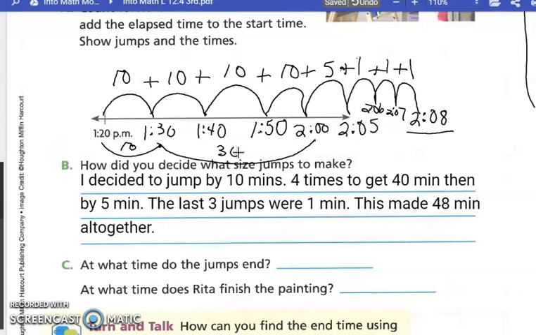Then we could have done our 5 minutes and our ones. So that's another way that you can do it. So at what time do the jumps end? 2:08. At what time does Rita's painting finish? 2:08. And we're all talking about the PM. Okay?